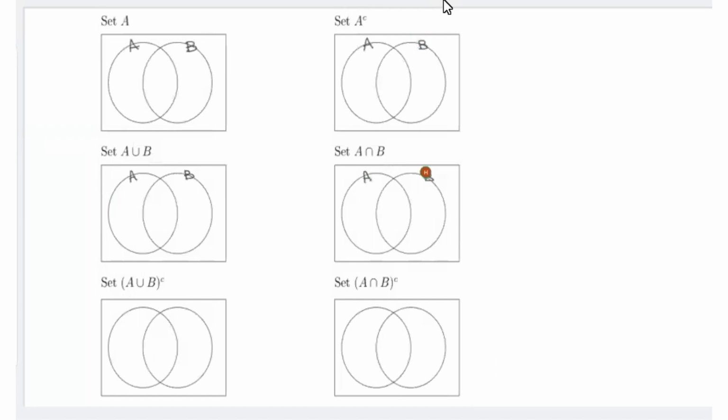I give you a few minutes. Try it, whether you have a correct answer or not. It's just a question of how much you understand union, intersection, and complement.